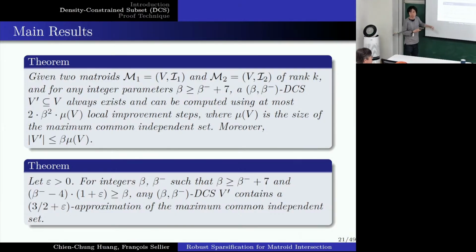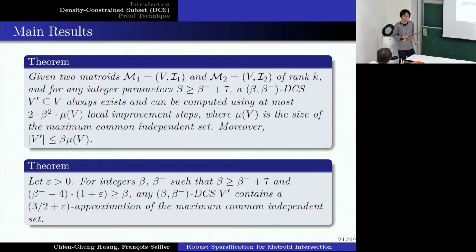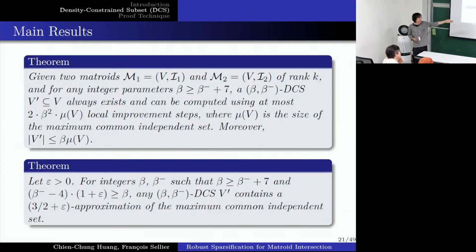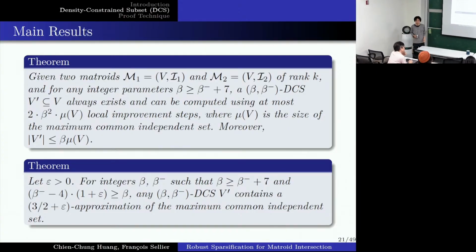So the V prime is the union of all these U1, U2. Yes. Yeah, but then remember, you have 2 different matroids. So the U1, U2 to UK could be different in the 2 different matroids.